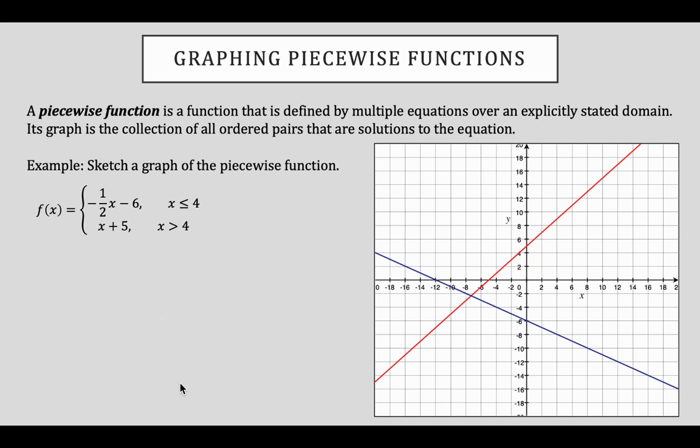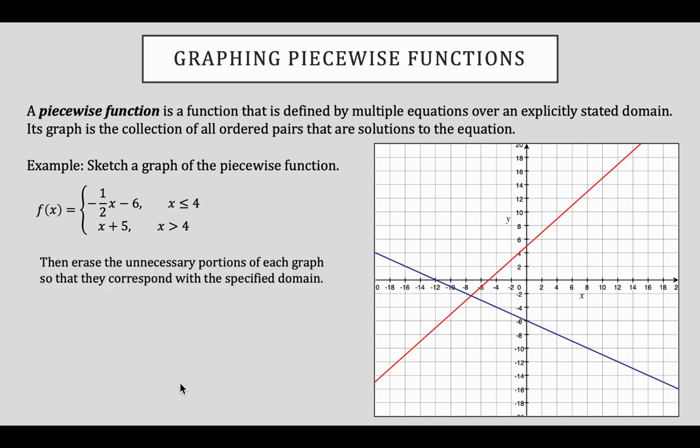So now we have both of our lines plotted on the same coordinate plane. And hopefully, as you should with all of your math, you are doing this in pencil because we're going to have to do some erasing. Once we have all of our curves plotted on the same coordinate plane, we then erase the unnecessary portions of each graph so that they correspond with the specified domain.